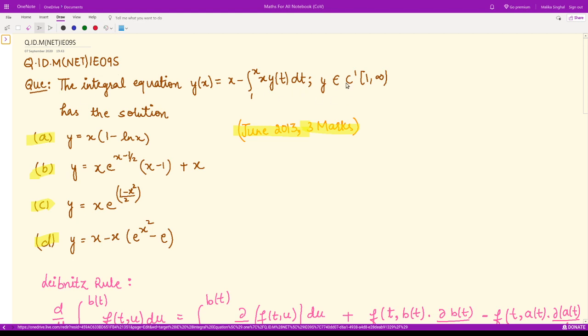There are many ways in which you can solve any integral equation. One way is that you can calculate the resolvent kernel, and by doing that you'll get the solution y of x as x minus the integration from 1 to x of R(x, t; lambda), where lambda in our question is equal to -1, multiplied by f of t, and f of x is x, so it would be t dt.